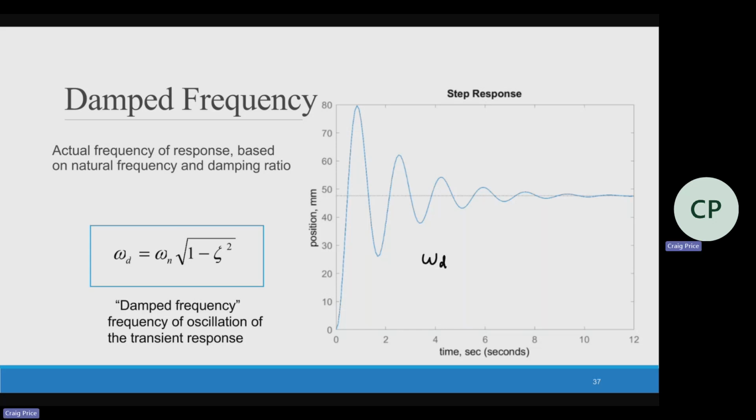But obviously, this is for underdamped systems. We can use this. This is our frequency that we can find from the graph. So with a lot of damping, they're going to be pretty different. If damping is very small, then the damped frequency is close to the natural frequency. So you don't have to memorize these equations. They're on the equation sheet. Once I have these two values, I can figure this out. Does that make sense?